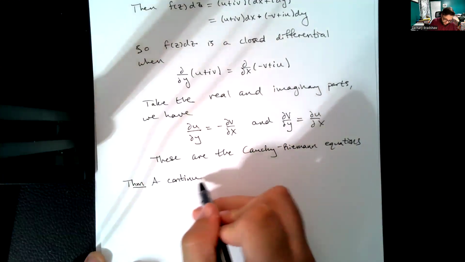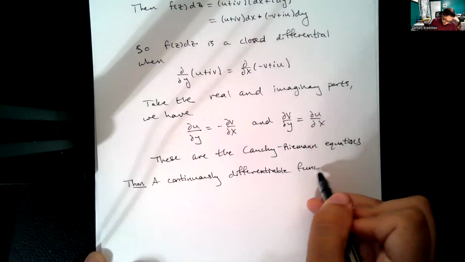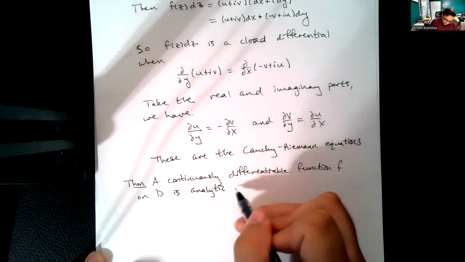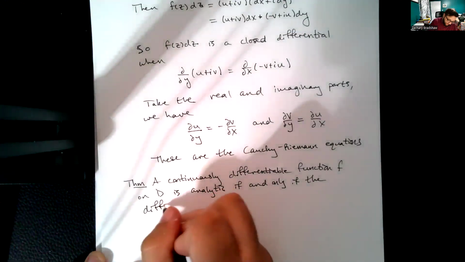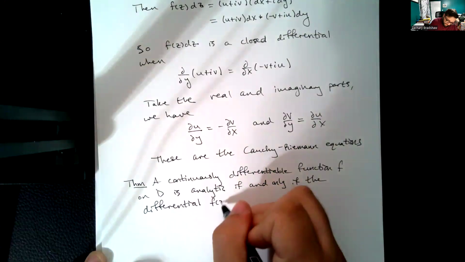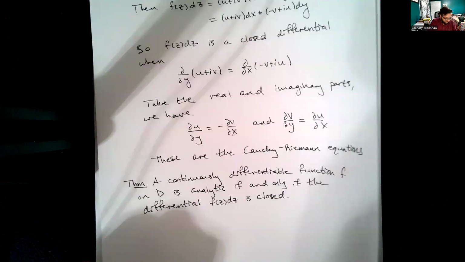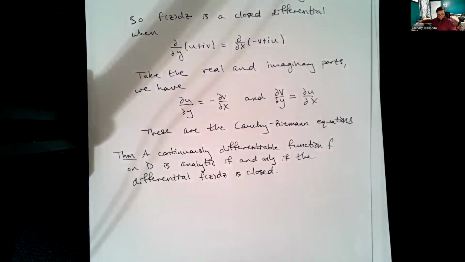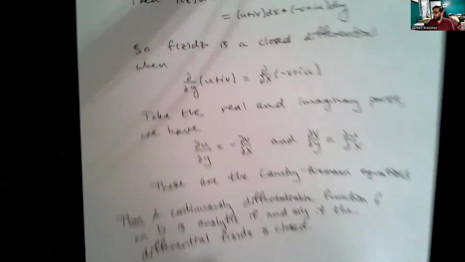A continuously differentiable function f on D is analytic if and only if the differential f of z dz is closed. Okay. All right, so that's just one small result that, well, I don't know if I should say small, but it's a result that will make the following possible.